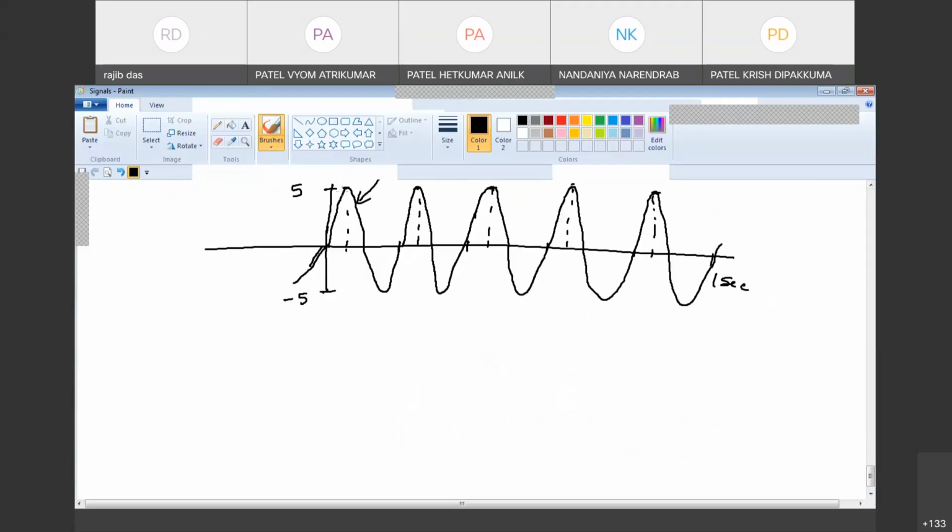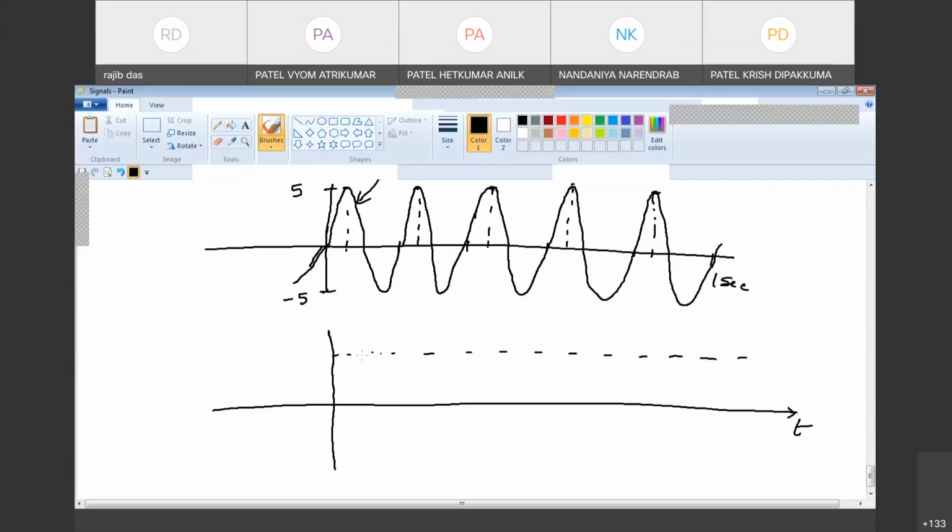Above this 5, if we can draw that signal over time t, suppose this is the 5 level, and this is 1 second. It has a very small amplitude.